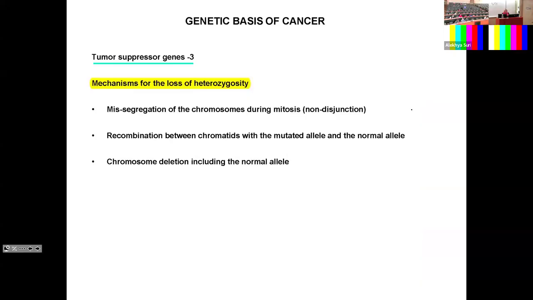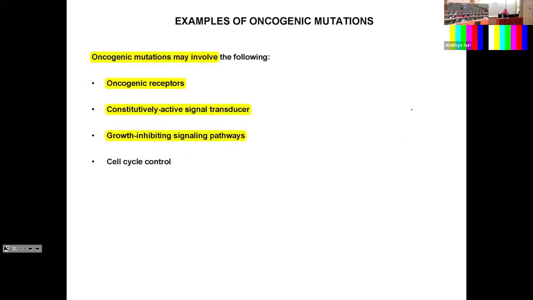The mechanisms for loss of heterozygosity are of different types: missegregation of the chromosome, like we talked about before during mitosis; recombination between chromatids with the mutated allele and the normal allele; or chromosome deletion, including the normal alleles. So these are all the possibilities for loss of heterozygosity.